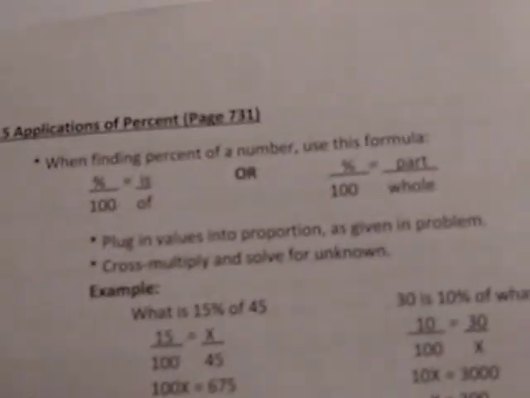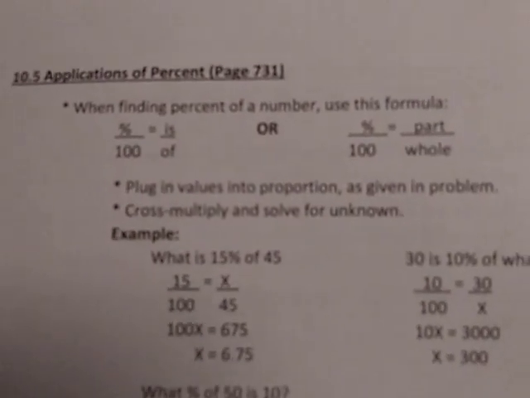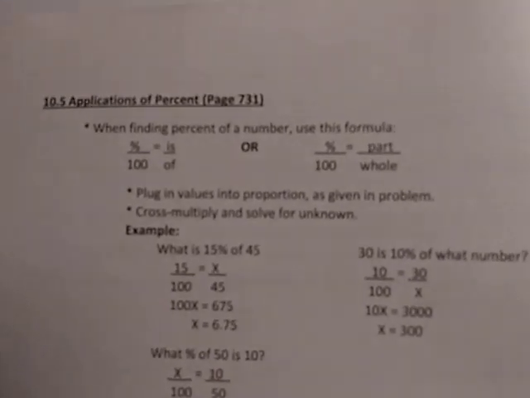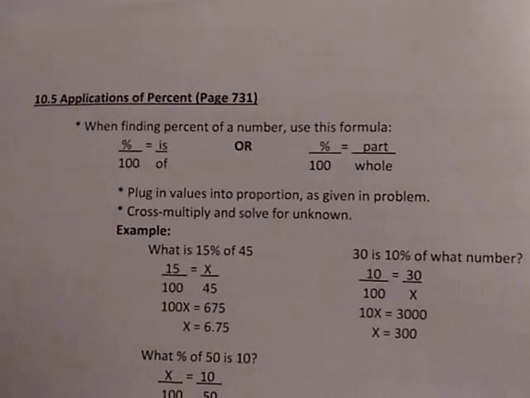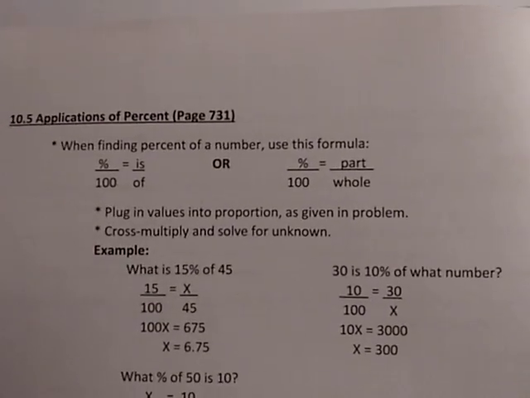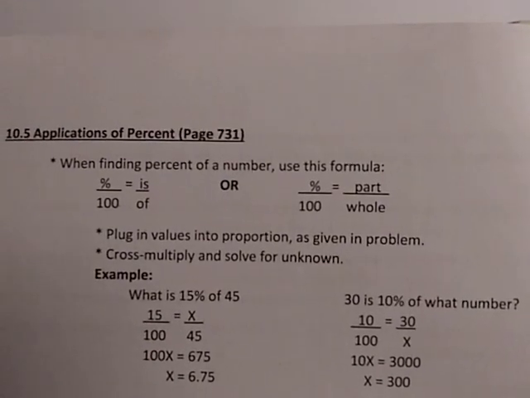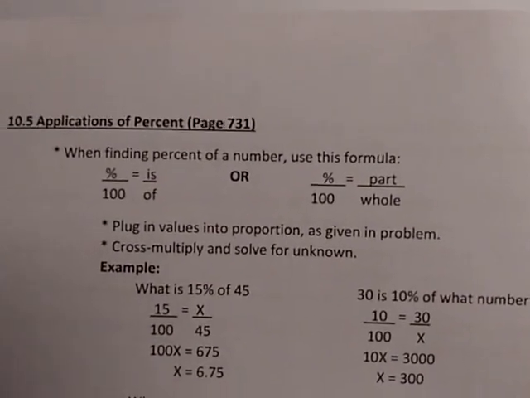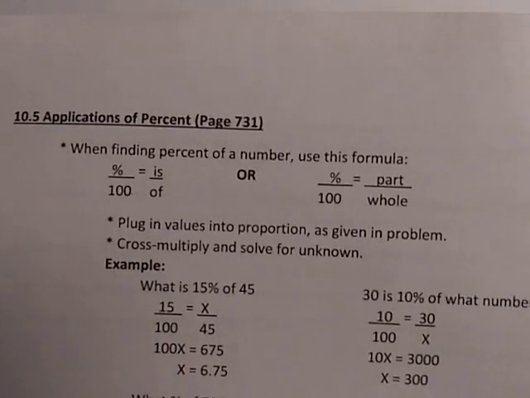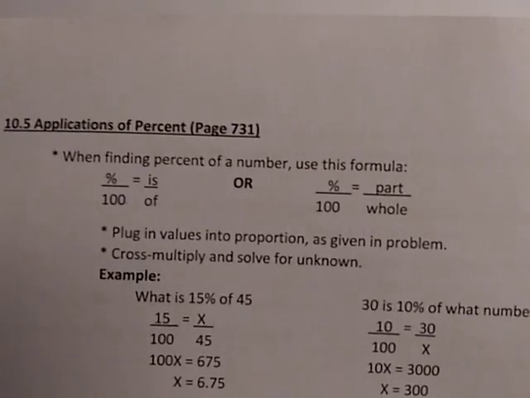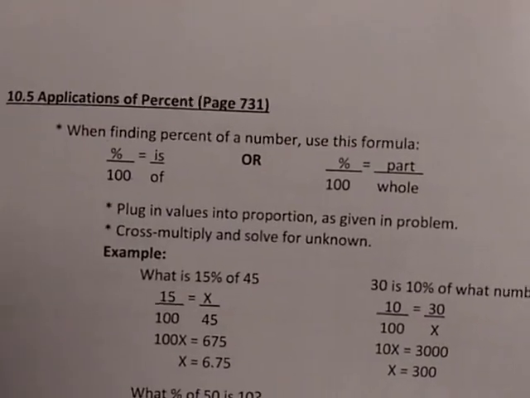Okay, so keep in mind that percent is pretty much a ratio, a ratio in the form of a fraction. Okay, so when finding a percent of a number, we need to use the two formulas listed here on the top, which are percent over 100 is equal to is over of, or percent over 100 equals part over whole.